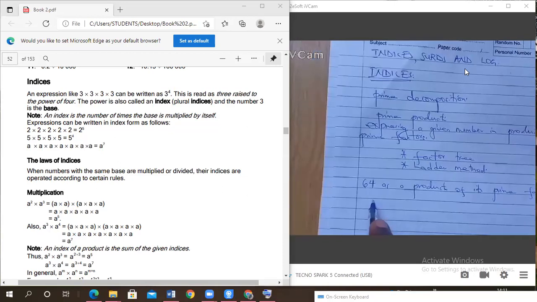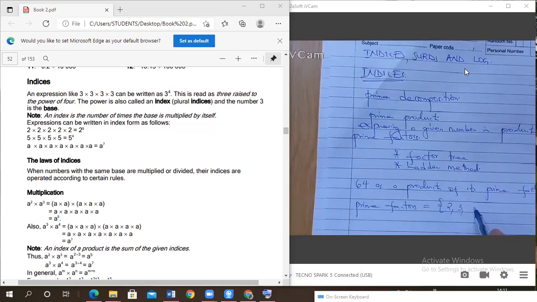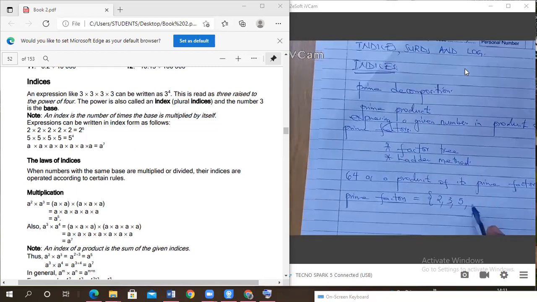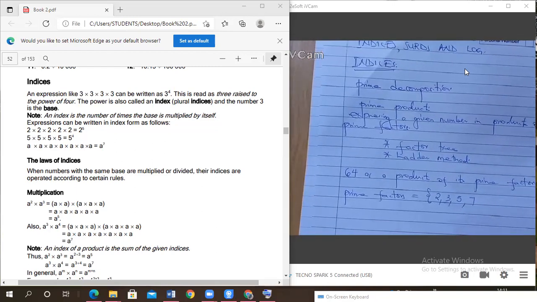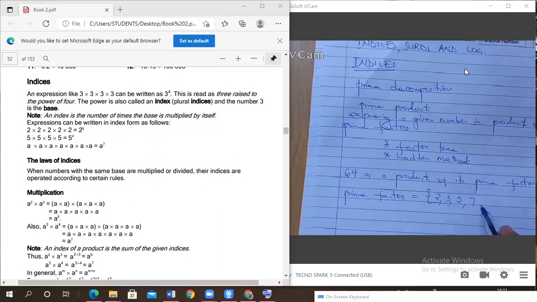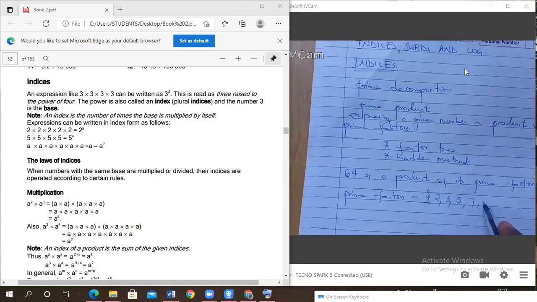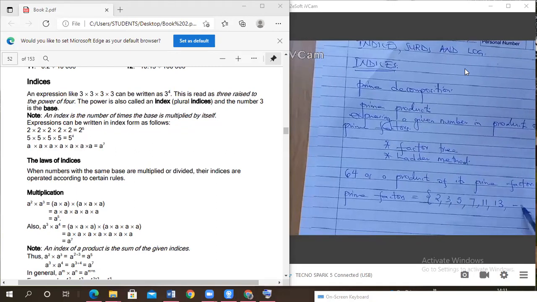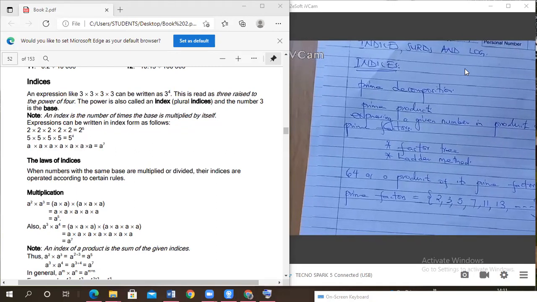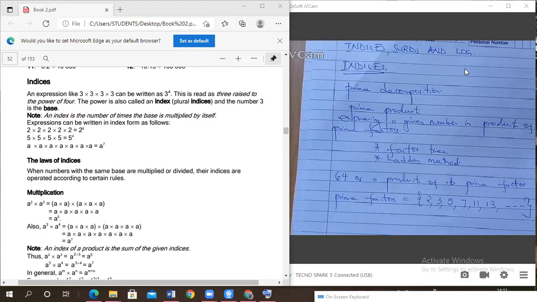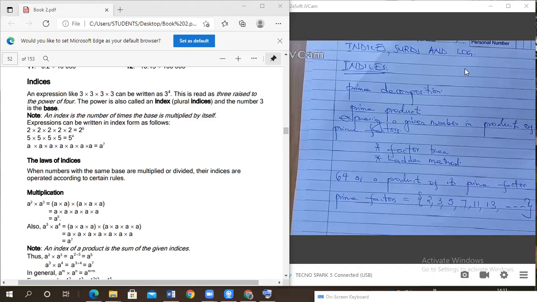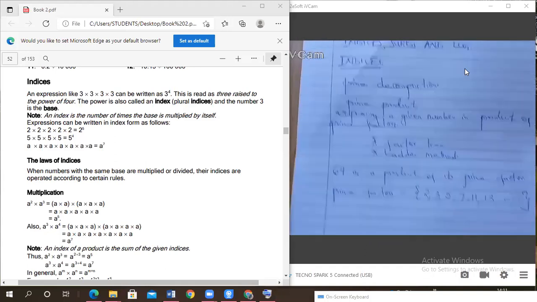We have 2, 3, 5, 7, 11, 13, 17, like that. So these numbers have only two factors, one and itself.